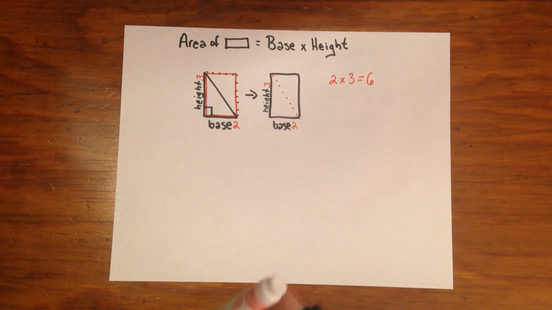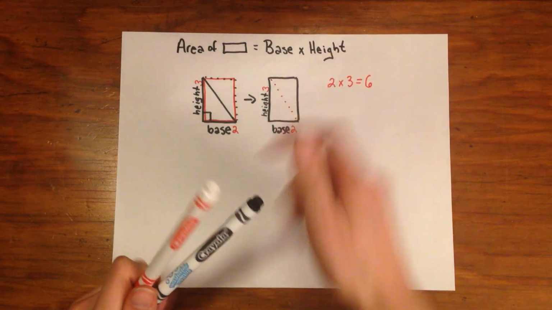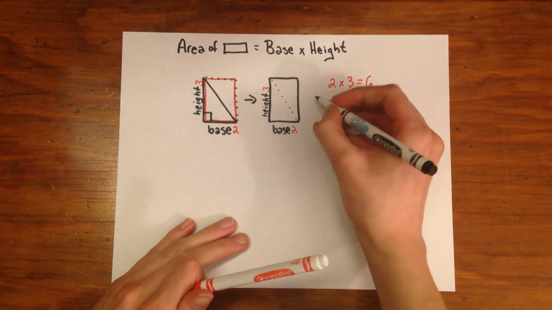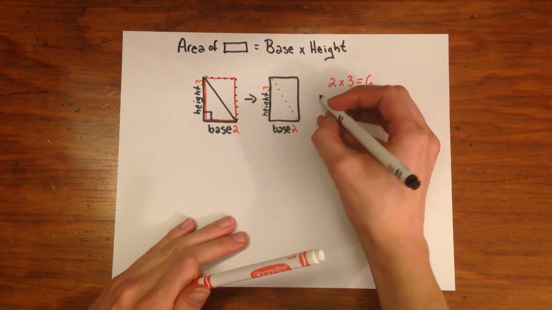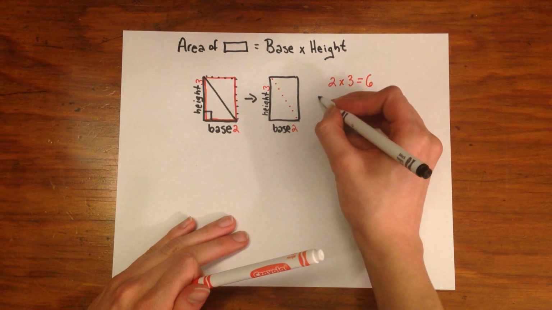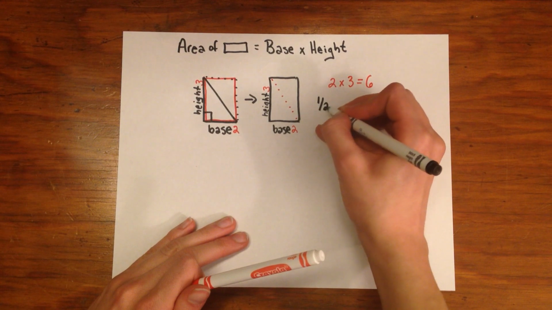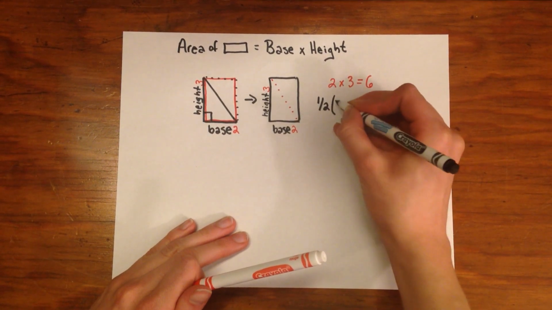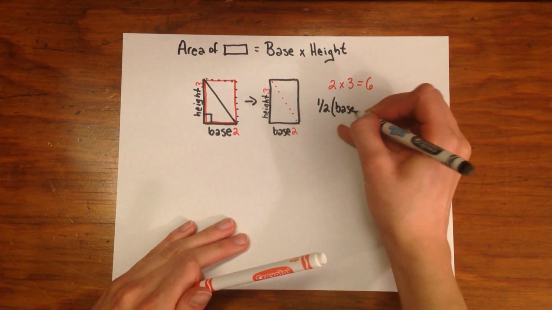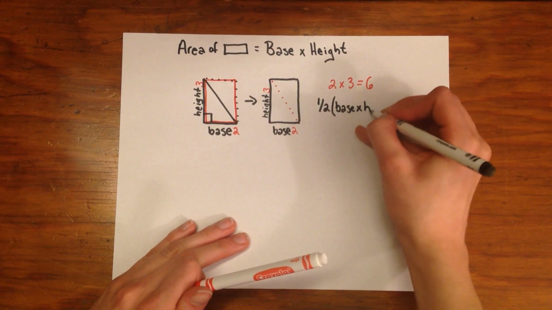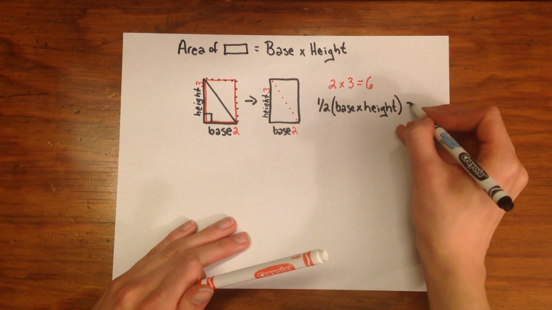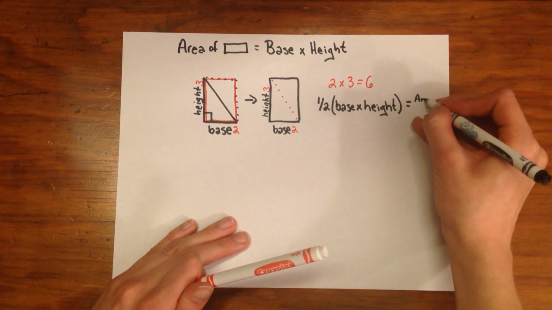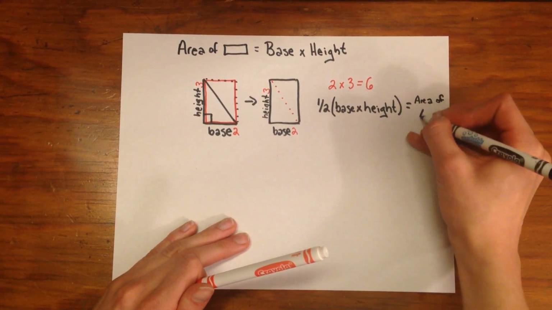So if we take our original equation here, our base times height, and we divide it by 2, another way to say that we divide by 2 is we can multiply by 1/2. So we'll say 1/2 times our base times our height is going to give us our area of a triangle.